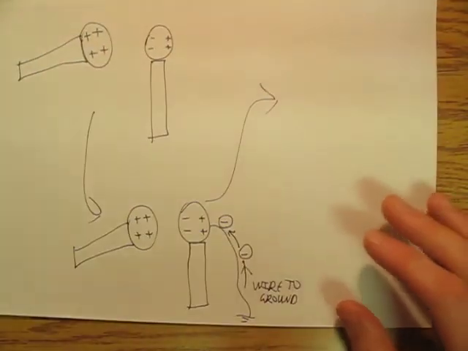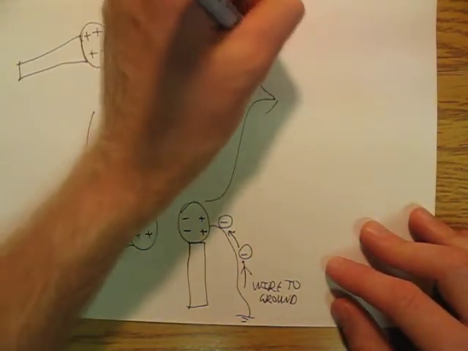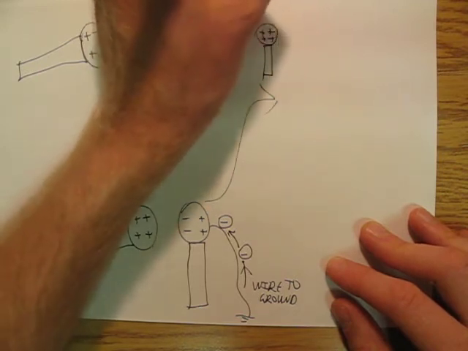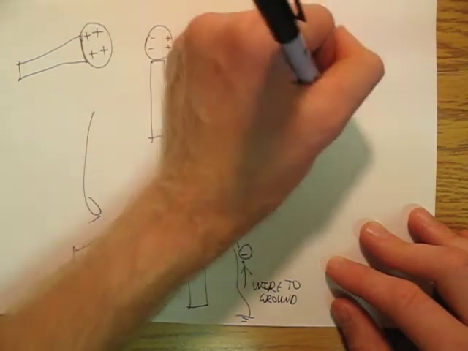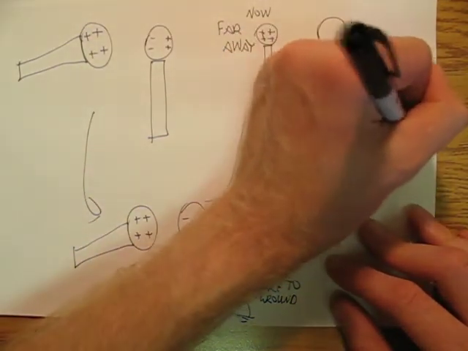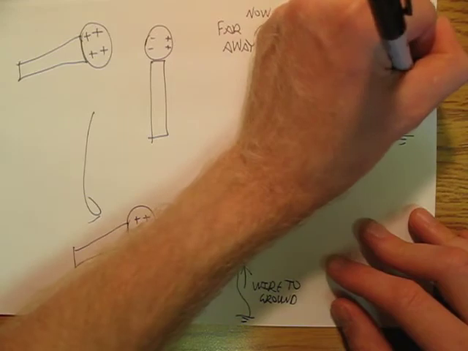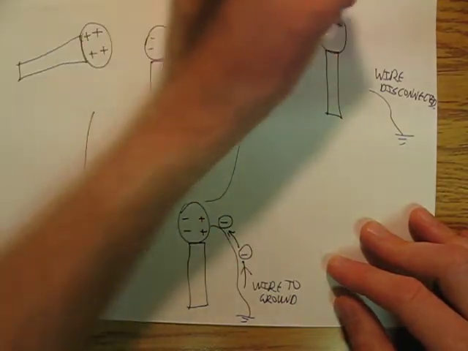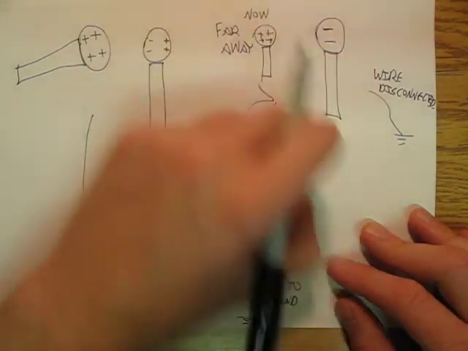And so then when I cut the wire, so now if I bring this close, now what's going to happen is there's going to be negative charges on this one.